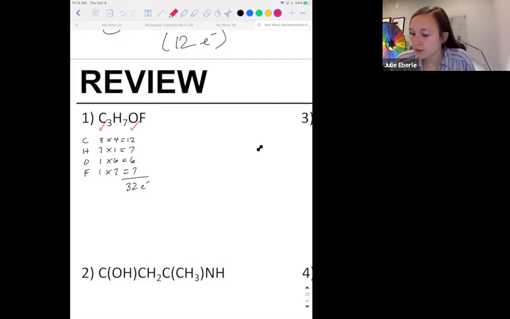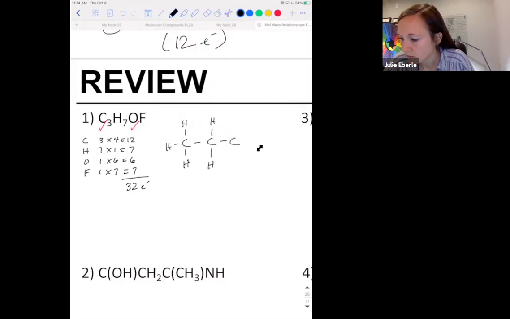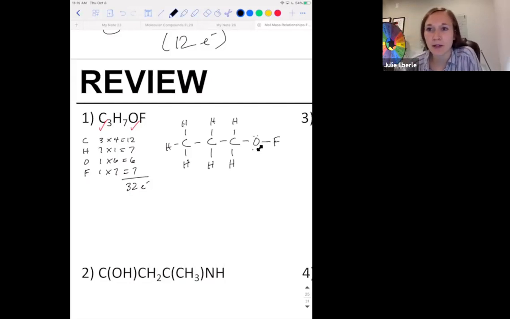All right, I'm going to start trying to piece these together. I'm going to put my carbons, I like to do this in black. Okay, that's what I have so far.